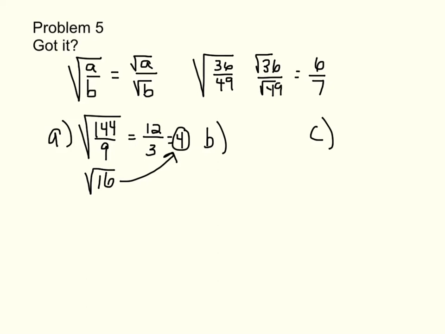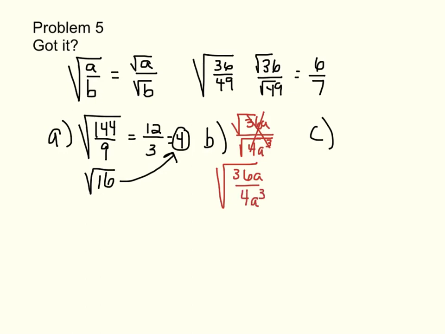B. B is the square root of 36a over the square root of 4a to the third. Here's the problem. First, I rewrote it like this: 36a divided by 4a to the third.